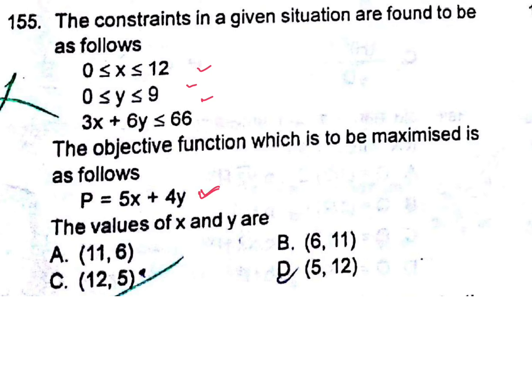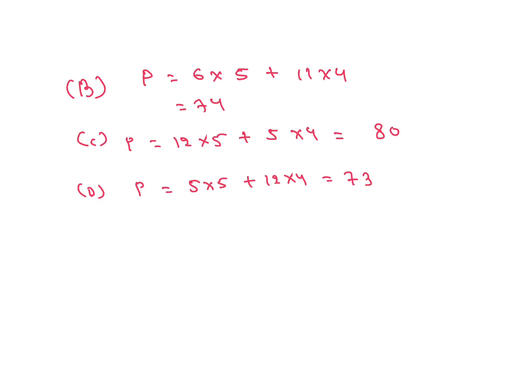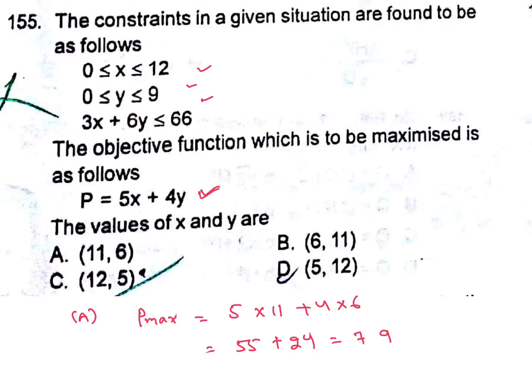For maximization of P, for option A you can check: 5 into x value 11 plus 4 into y value 6, so 55 plus 24, 79. Then go for B. For option C we get the maximum value of 80. So C is our answer.